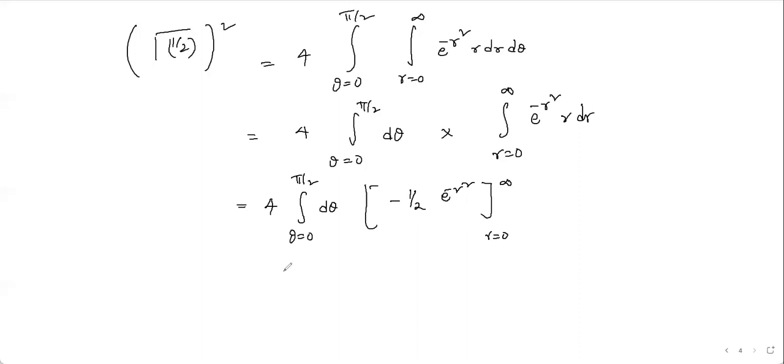Let us substitute: 4 times the integral from 0 to pi by 2, d theta. Now this will be minus, e to the power of minus infinity minus 1, d theta.